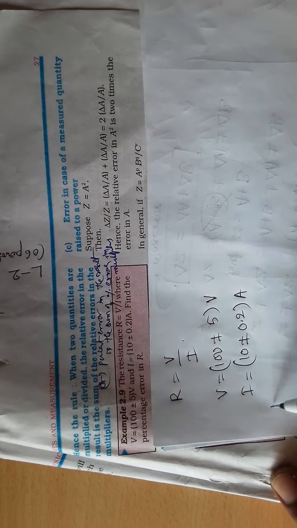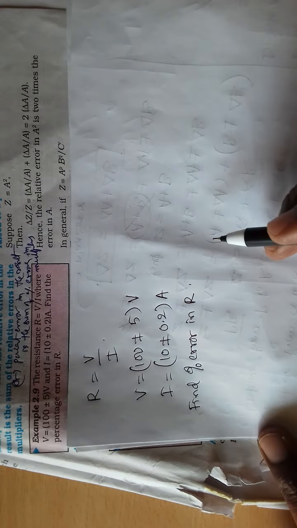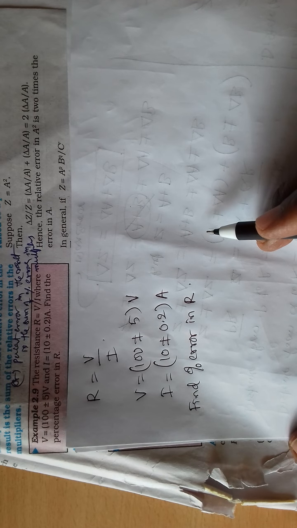Find the percentage error in R. So this is asked here. So here the measured value, this is in the form of a quotient, no? Whether it is a product or quotient.